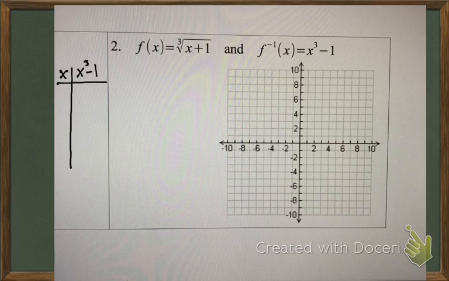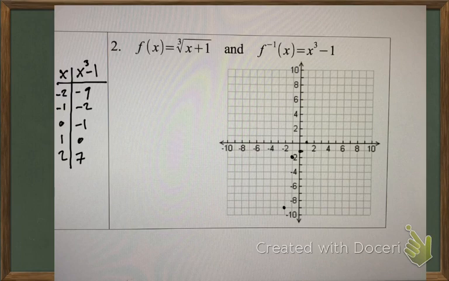We'll go ahead and make the t-table so it'll make it easy to switch the x and y so we can graph the inverse. So we'll use basically the same values as when we graph the parent, but it's going to be the y values with 1 less. So -2 and -9, -1, -2, 0, -1, 1, 0, and 2, and 7.